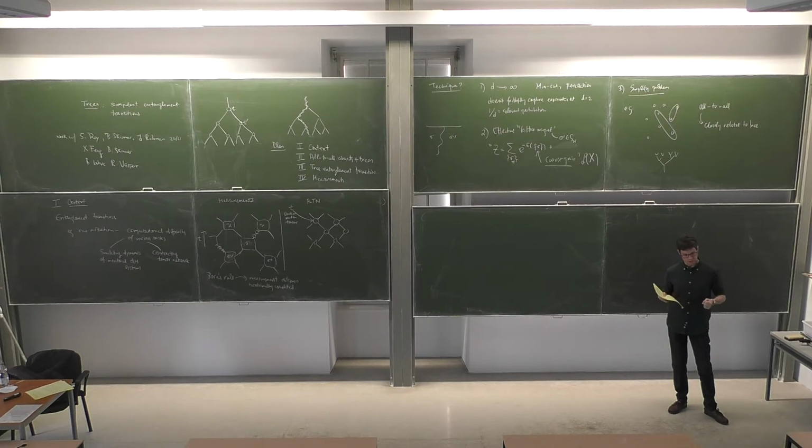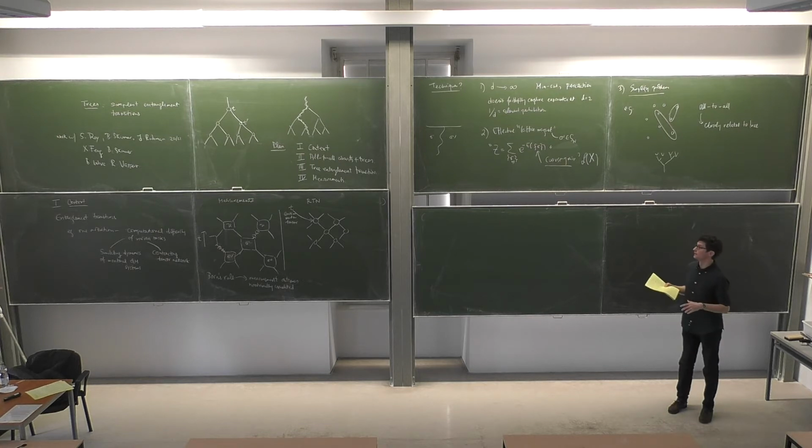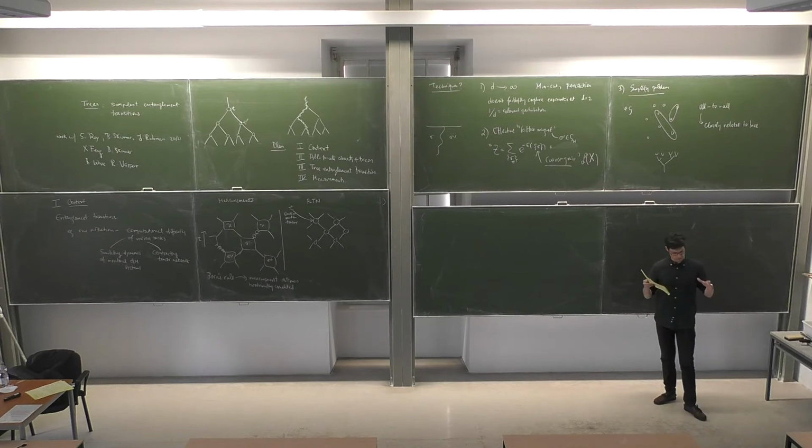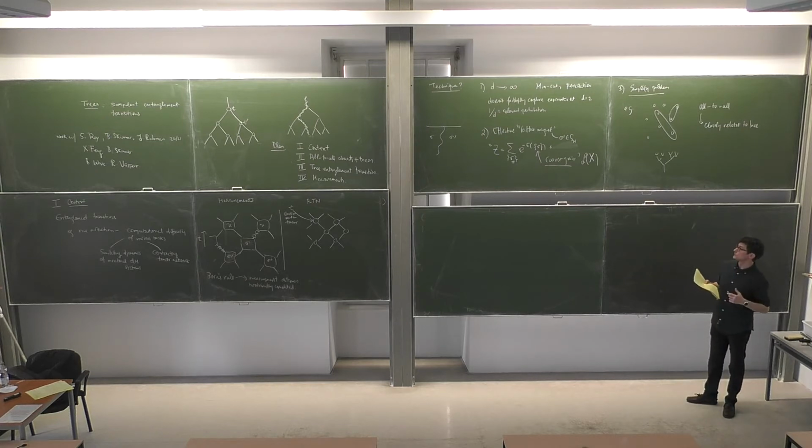If you're in the phase with a lot of measurements, then the measurements will rapidly transform the state into a pure state in order one time, basically. Whereas in the weak measurement phase, the system retains an extensive entropy for an exponentially long time in the system size. This language of purification was developed by Gullans and Huse.